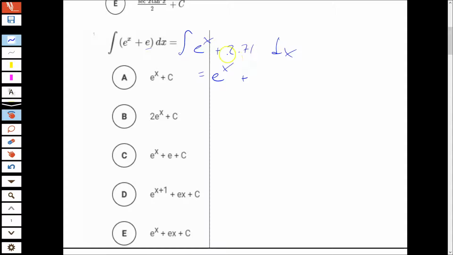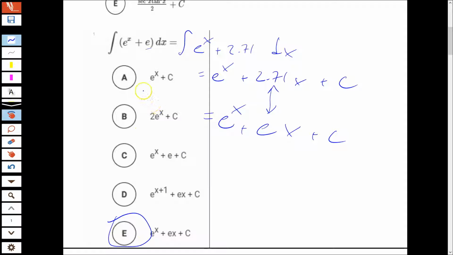The integral of a constant is that constant times x. And remember, 2.71 and e are interchangeable in this case. So that's my result here. Okay, so just a little bit tricky, but you guys know what e is, that e is a number. So nothing crazy.